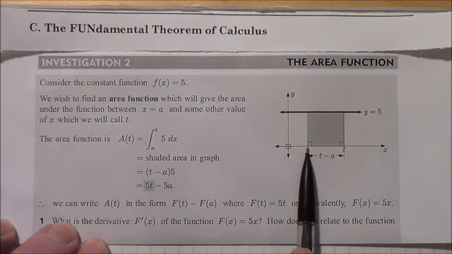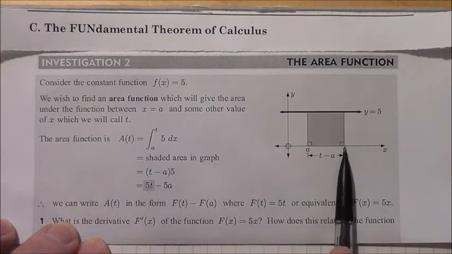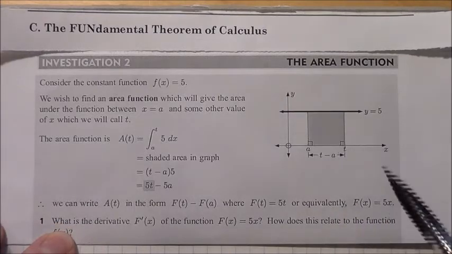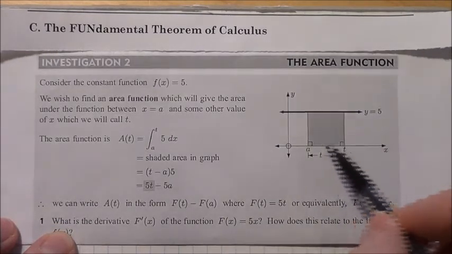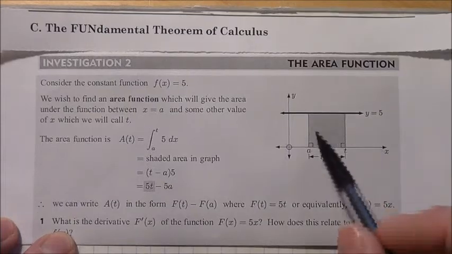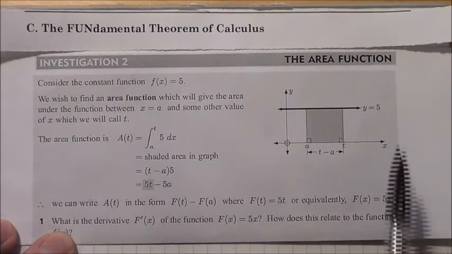So x equals a is this firm constant that we do know, and this other value is some other random variable that we're going to call t. So notice that this is a rectangle. Now it could be a square, but we know for sure it's a rectangle.